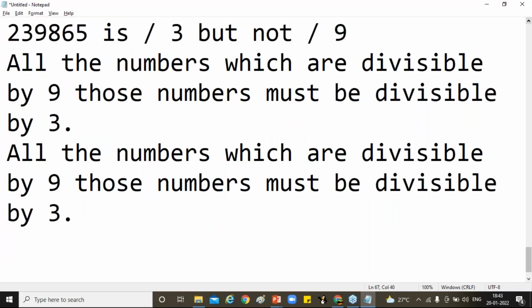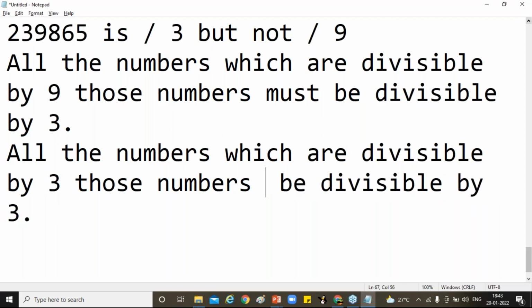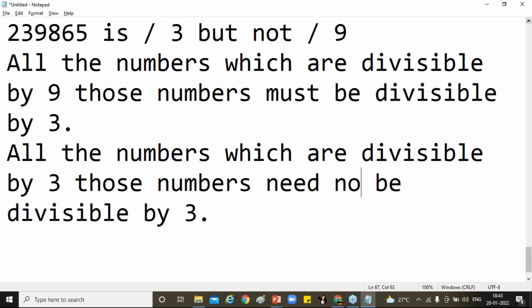But all the numbers which are divisible by 3 need not be divisible by 9.